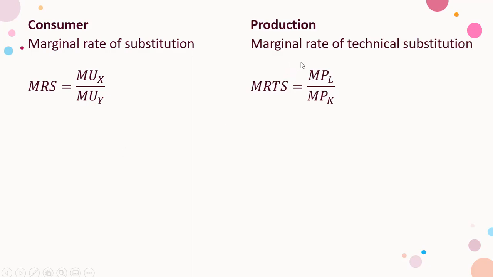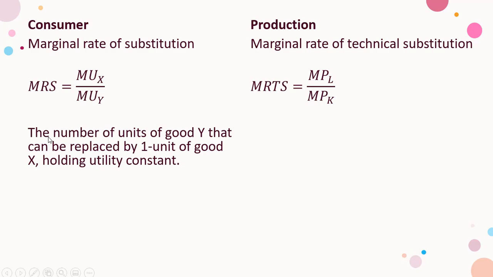And we have this concept of the marginal rate of technical substitution on the production side. Again, very similar. We got one marginal thing divided by another marginal thing. We got the marginal product of labor. Again, it's the thing measured on the horizontal axis divided by the thing measured on the vertical axis. So usually we put labor on the horizontal axis and capital on the vertical axis.